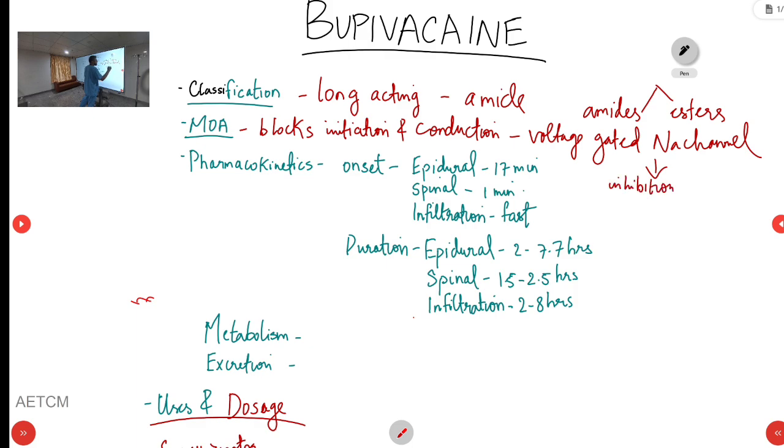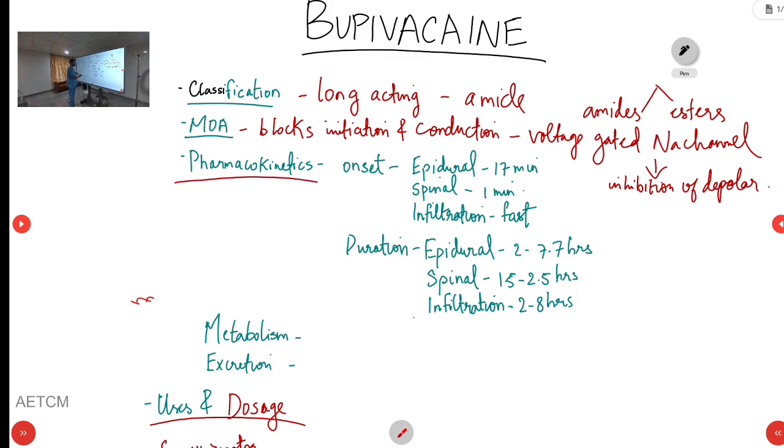That is the reason for the inhibition of the nerve impulses. So that is the basic mechanism: the neuronal permeability to sodium ions is altered, and there is inhibition of the voltage gated sodium channels. There is no sodium influx causing inhibition of depolarization, and this inhibits the conduction of the nerve impulses. That is the basic mechanism of action.